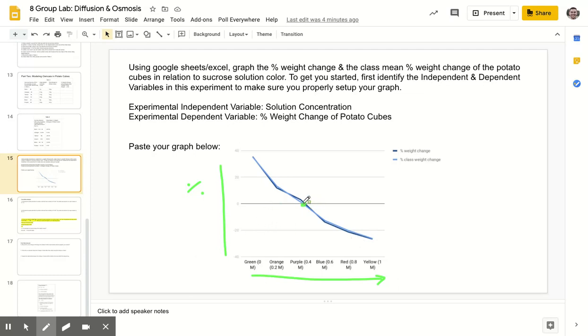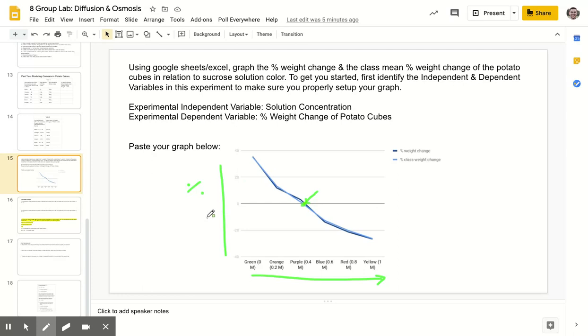I want us to think about, first, what it means when the potatoes gain mass versus when they lose mass. What does that say about the relative amount of solute inside the potato cube versus in the solution? And then also, what does it mean when there's a percent weight change of 0? Because that's what this x-intercept is representing.